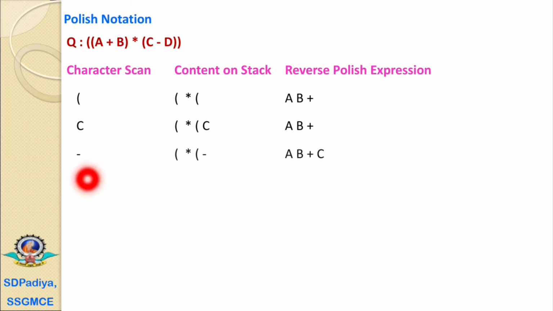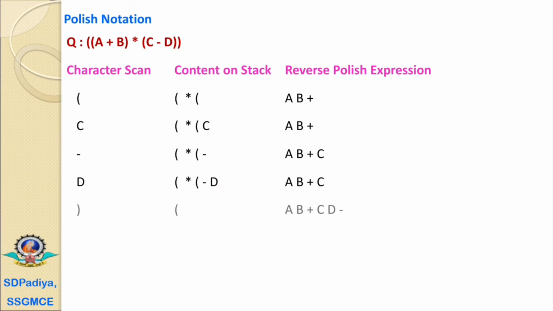The next is capital C, that's why we have written it on the stack. The next is the minus symbol, it is an operator, that's why first we pull the operand from the stack to the reverse Polish expression, that is capital C. The next is D, it is an operand, that's why we have written it on the stack.